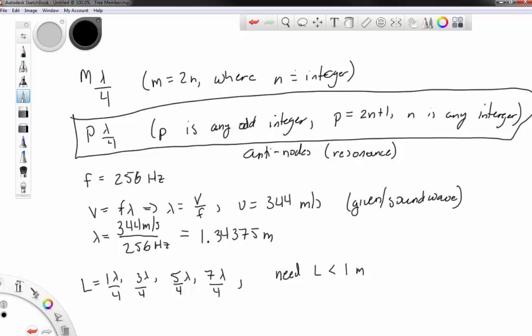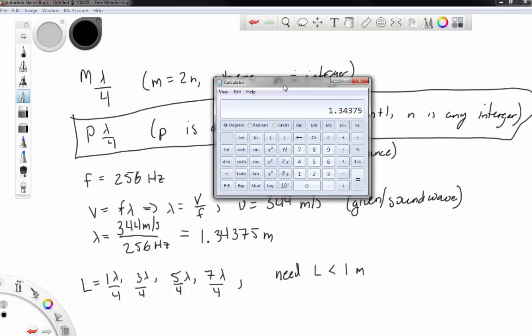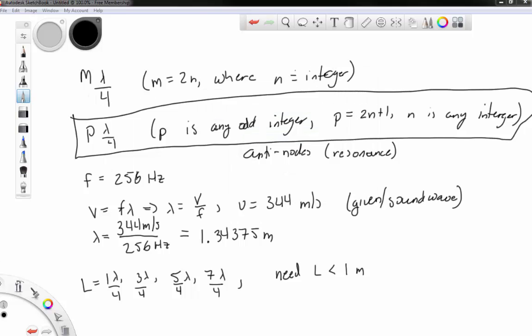So we can pull out the calculator and start calculating. This thing divided by 4 gives us 0.3359. So we'll go ahead and round that to 0.334. So L equals 0.334 meters.